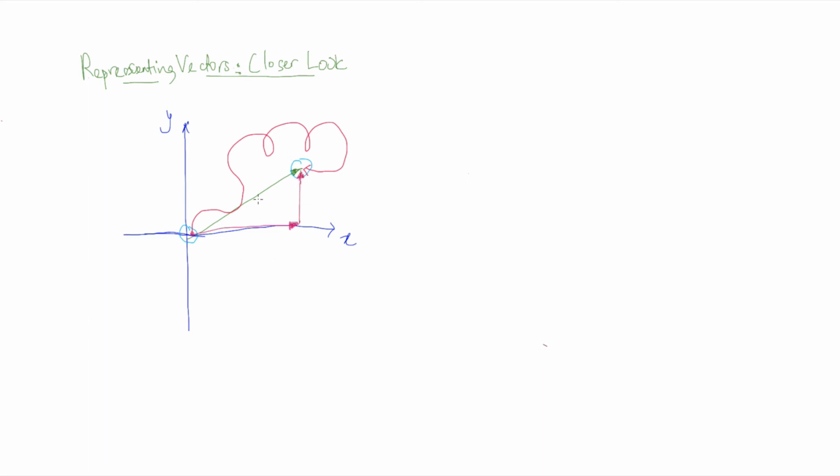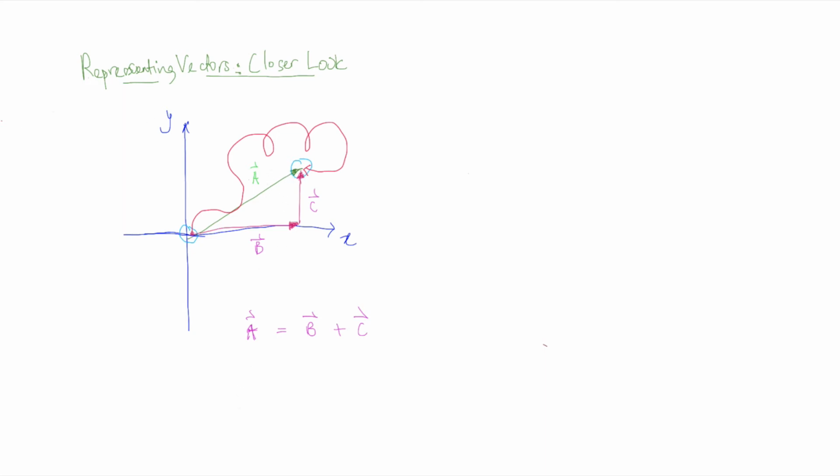As you can see, this green vector here, which I will call A, can be represented by these two other vectors, which I will call B and C. So I can say that A is the same as B plus C, right? Because I started here and I end up at the same place.